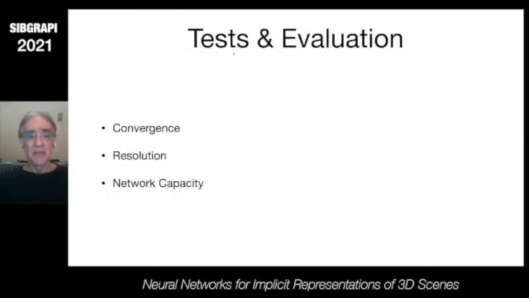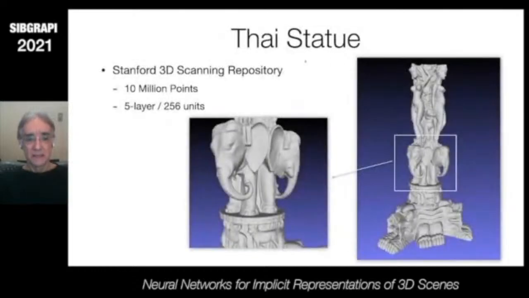And we did some tests and evaluation of the Siren, analyzing its convergence, analyzing the capability of representing fine details of the geometry, and figuring out the network capacity to represent shapes of different complexity. So here is an example of the Thai statue.